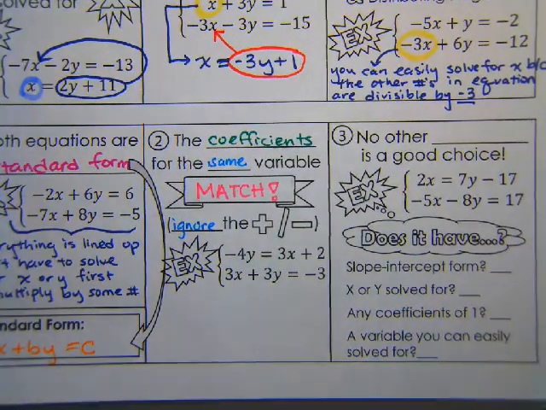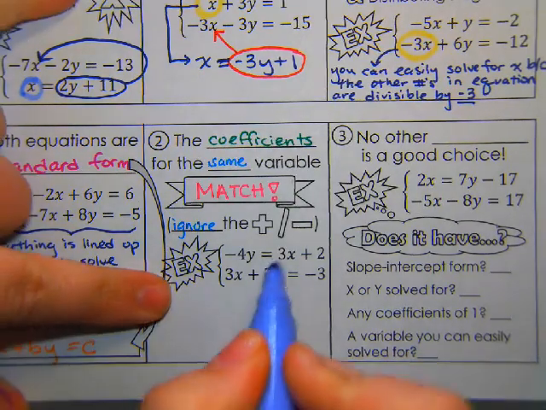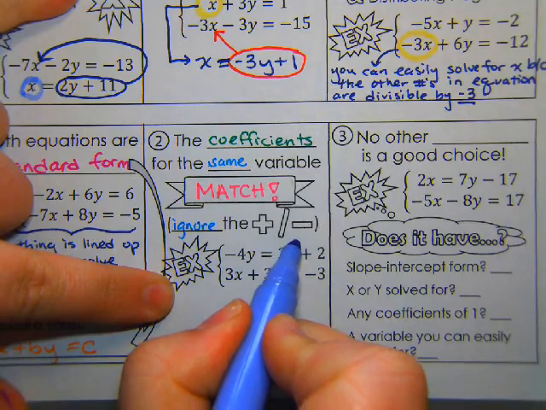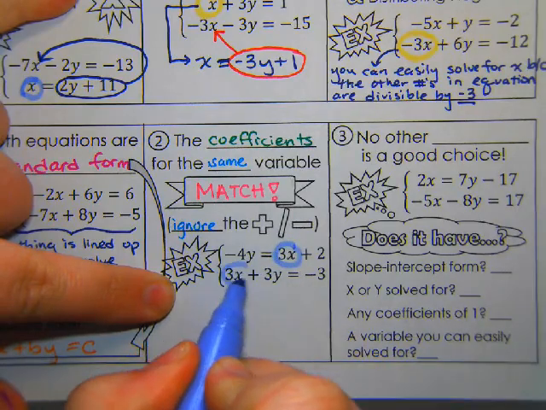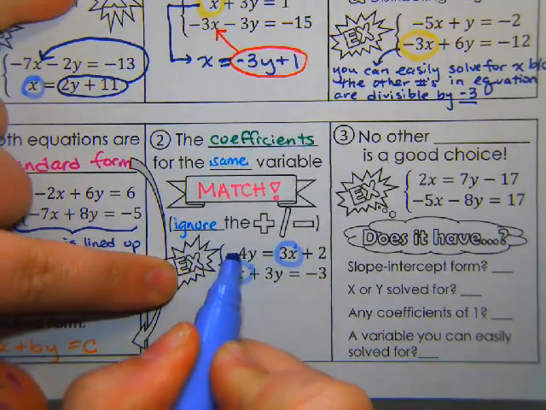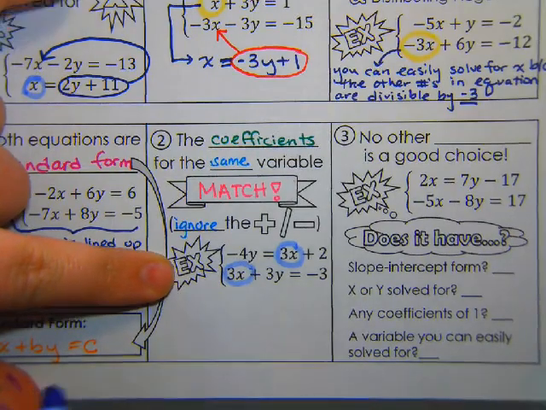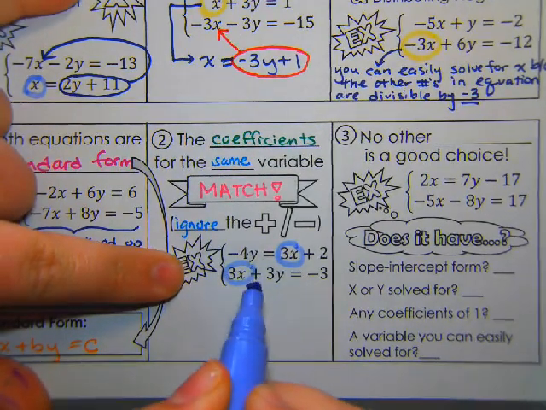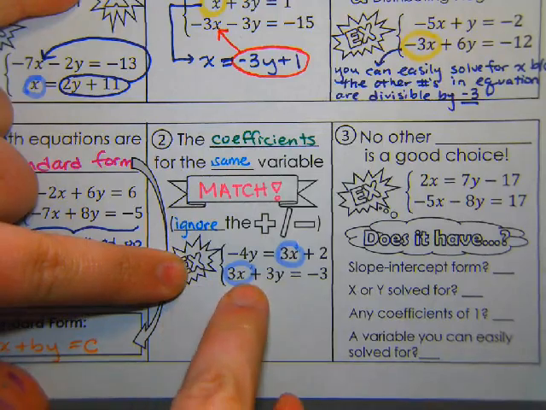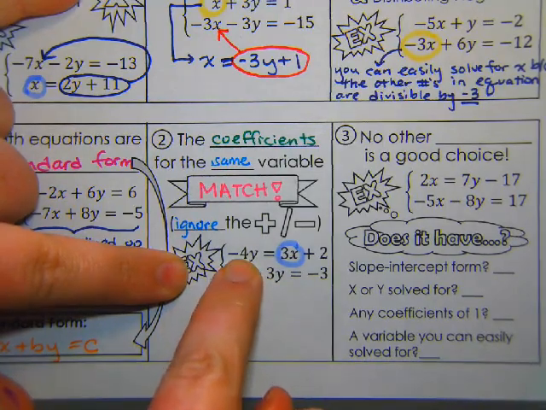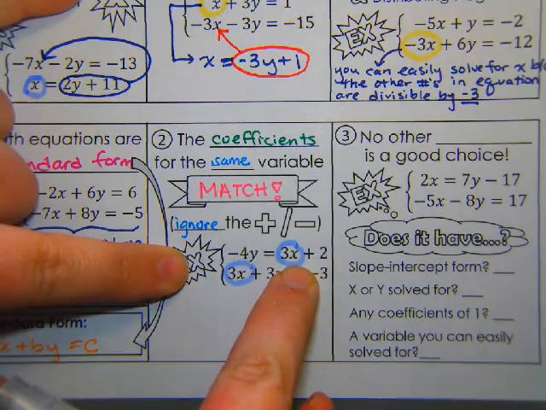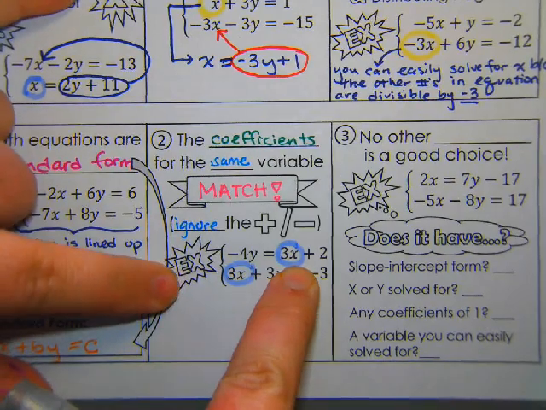So if we look down here, we can see that our x terms both have a 3. I know that the y has a 3, but that doesn't matter because it does not match the 4. Now notice that they are not in standard form because this one has a y on the left and x on the right.